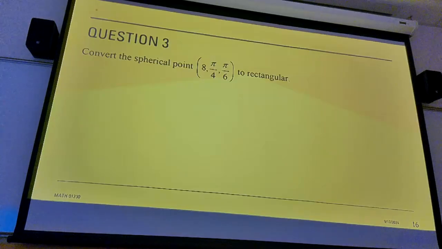How do we get x? Rho cos theta sine phi. What is rho? What is theta? What is phi?